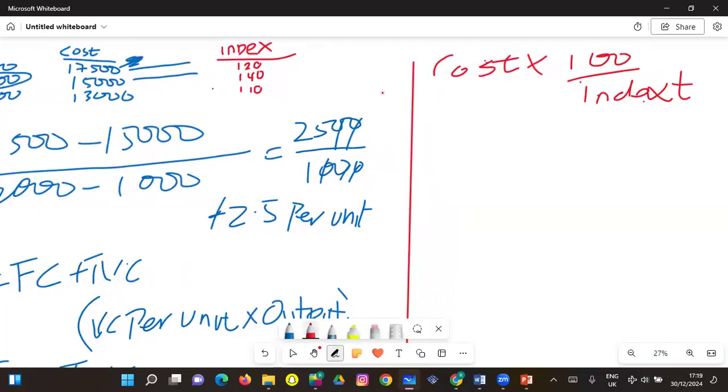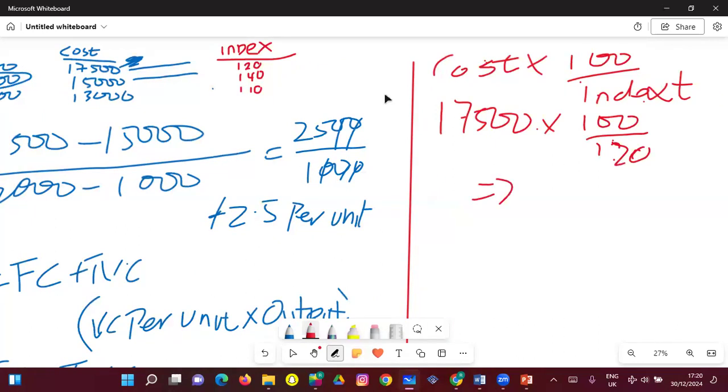We are going to use the cost here to be 17,500 times 100 over 120, where we get approximately 14,583.